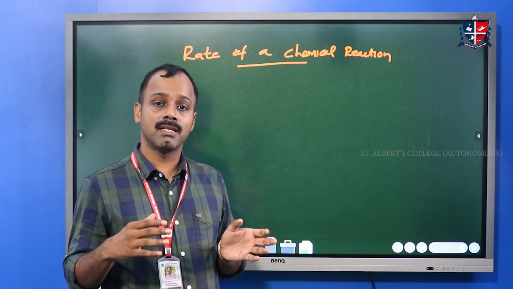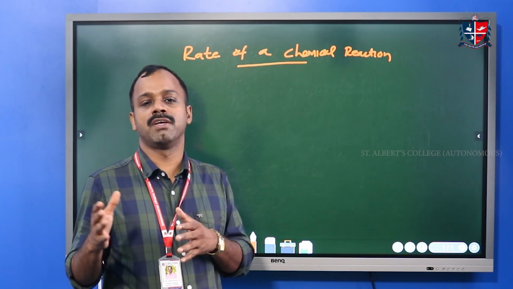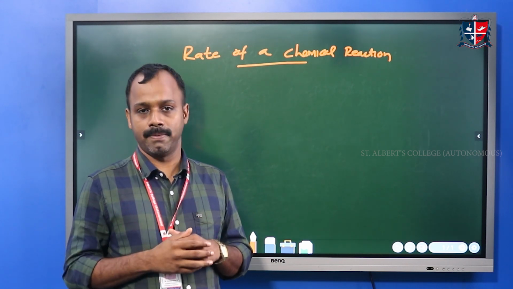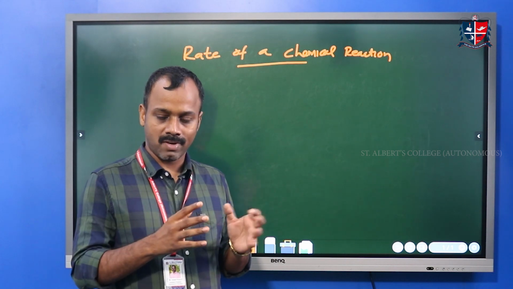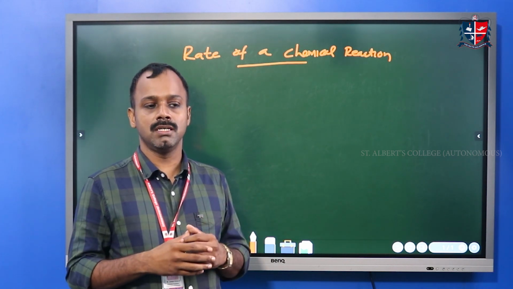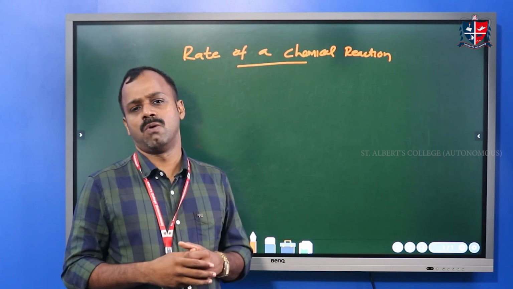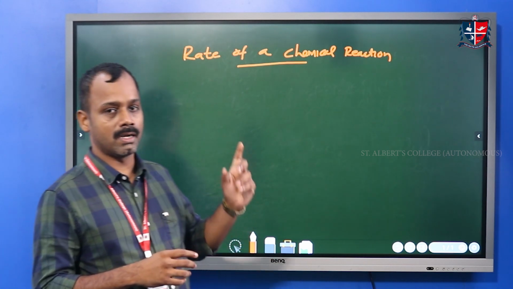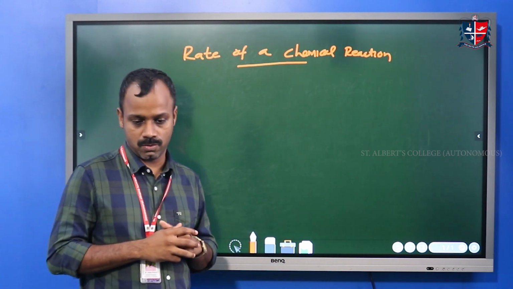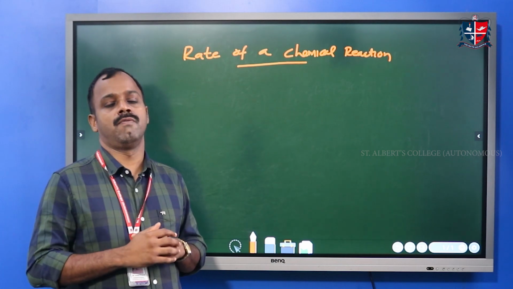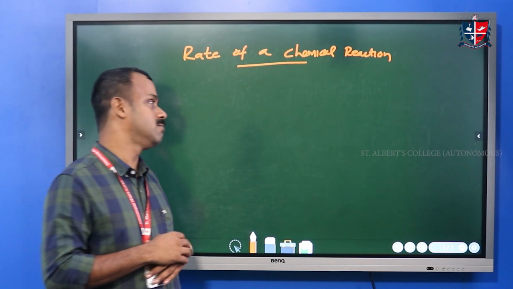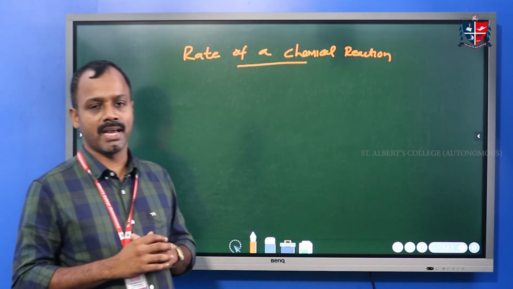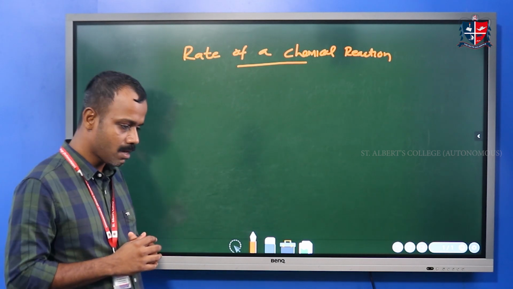And there are some other processes which take place at moderate speed. So the branch of chemistry which deals with the rate or speed of a chemical reaction and its mechanism is called chemical kinetics.